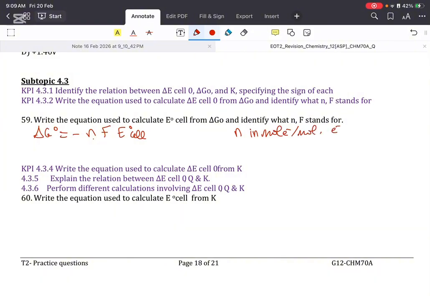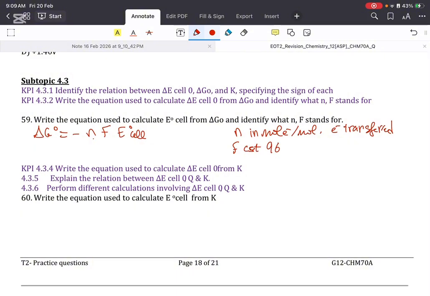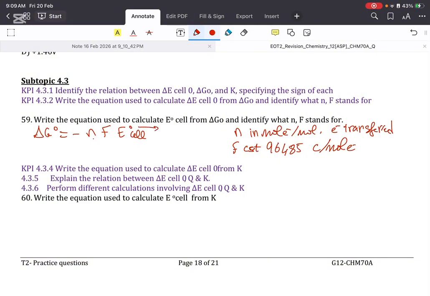And F is the Faraday constant, and it is given in your formula sheet. It's equal to 96485 coulomb per mole electrons. And E cell is the one in volt.